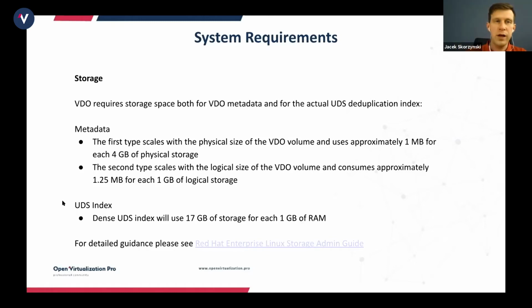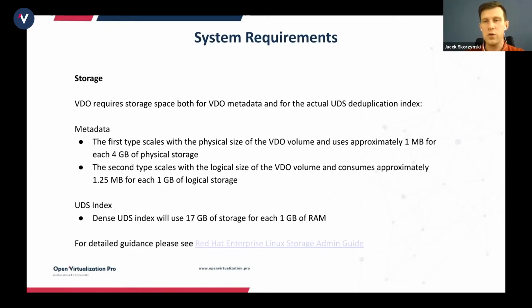The really detailed data are put in the storage admin guide. So I don't want to put too many numbers here. I will fill this presentation with just the numbers about the UDS index.